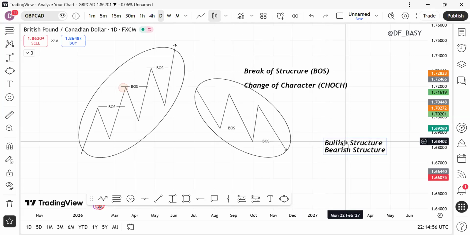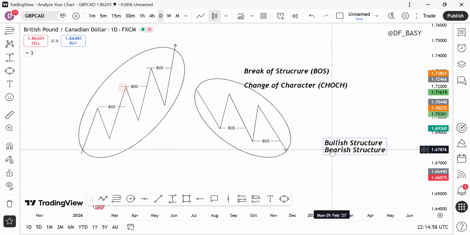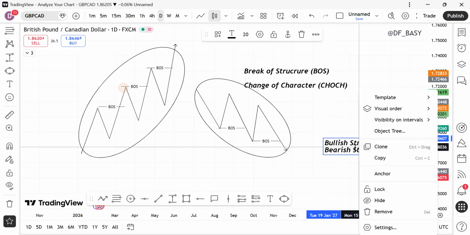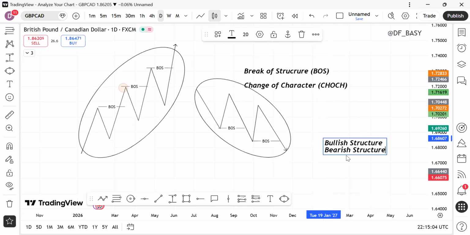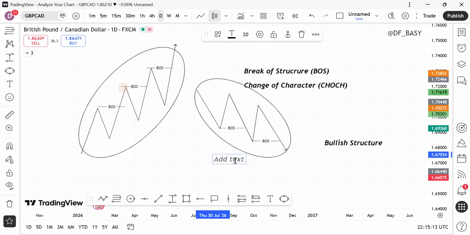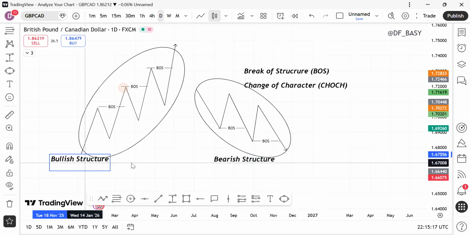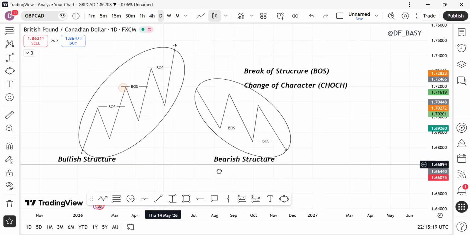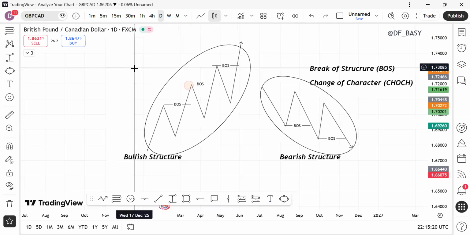So you have the bullish structure and the bearish structure. So in cases like this, where is your bullish structure? Hold on. So this is your bearish structure, and this is your bullish structure over here. So now if you can go to the chart, let me identify that for you.